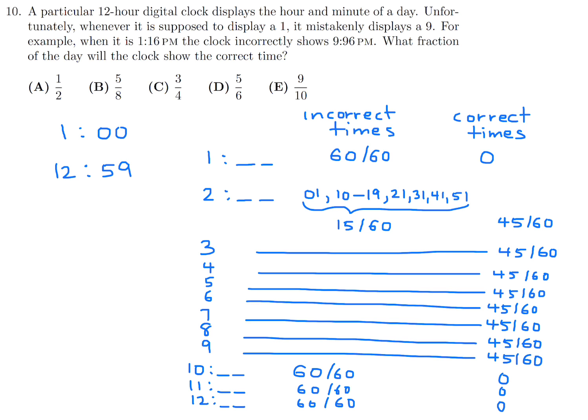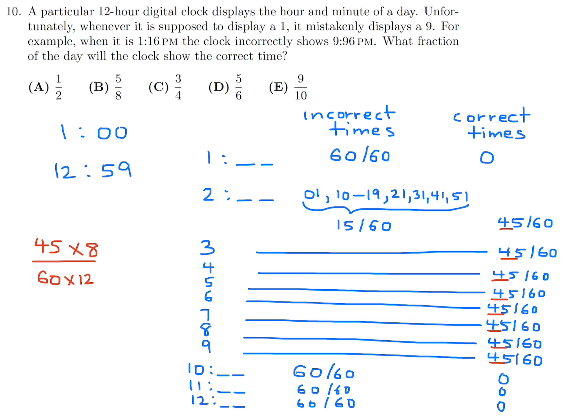So there we go. So we want to figure out how many are correct. So that is, in terms of a calculation, 45 times, let's see here, 1, 2, 3, 4, 5, 6, 7, 8. 45 times 8. And then the total is 60 times 12, right?